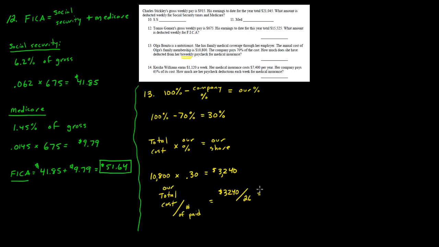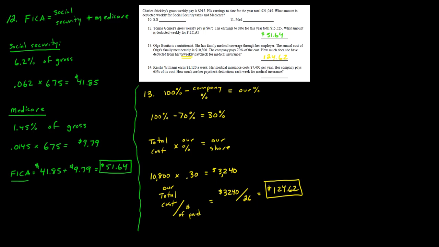And that leaves me with a grand total of $124.62. So that's 124.62. I should have probably written 51.64 in right here. I guess I could still do that. So 51.64 written up for that one.